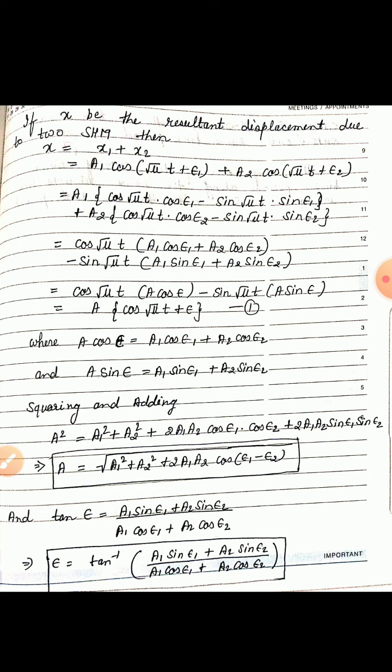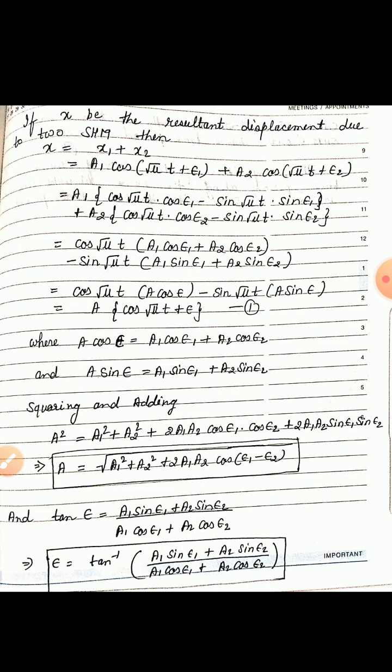This further can be written as cos √μ t times A cos ε, where A1 cos ε1 plus A2 cos ε2 is replaced by A cos ε, and minus sin √μ t times A sin ε. If we take A common, this is the formula of cos A cos B minus sin A sin B, so we can write it as cos(A + B). So x is equal to A cos(√μ t + ε). Let us call this equation 1.